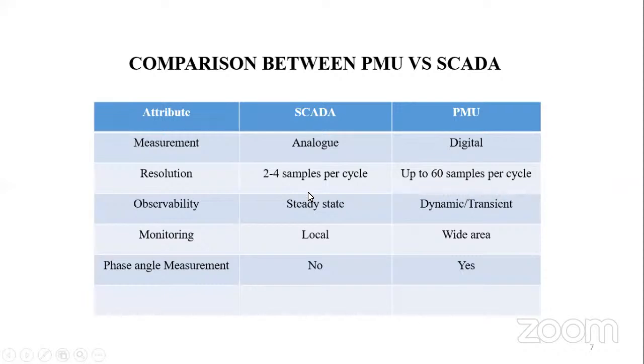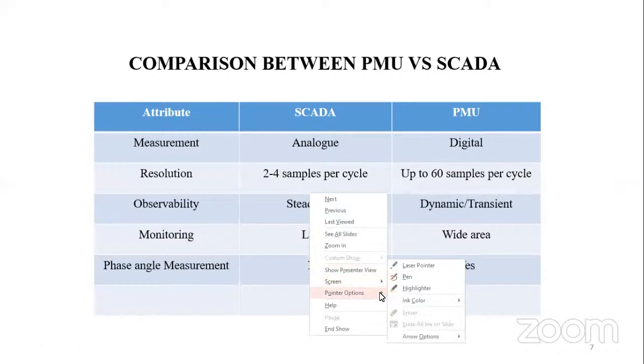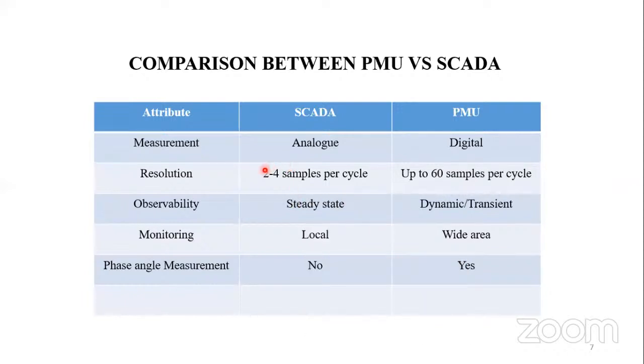As you're seeing, SCADA measures 2 to 4 samples per cycle, but PMU is now up to 60 samples per cycle. If you see the latest papers, they have written even 80 or even 100 samples per cycle. What is the meaning of this?